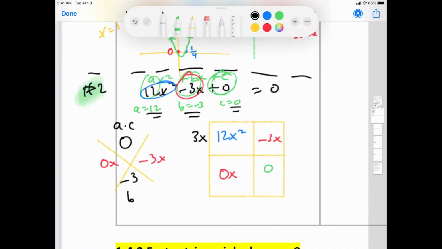3x is our greatest common factor for that row. 0 is greatest common factor. 0x, actually that's wrong. And I'm thinking ahead to check my answer, 4x, and -1.